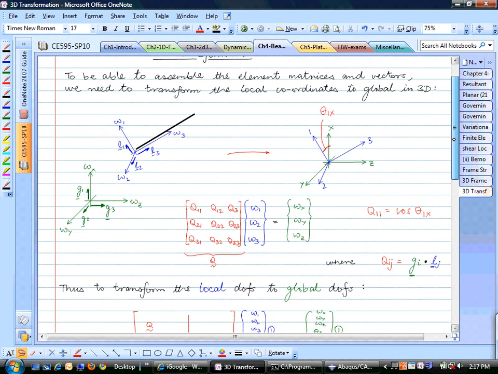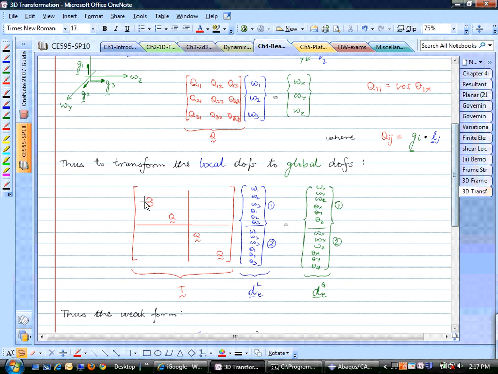But for 3-dimensional cases, you will have Q, Q, Q, Q. So that transforms these first W3 to these W3, and these theta 1s all to theta x. So this is how you would transform the degrees of freedom from the local axes to the global coordinates.